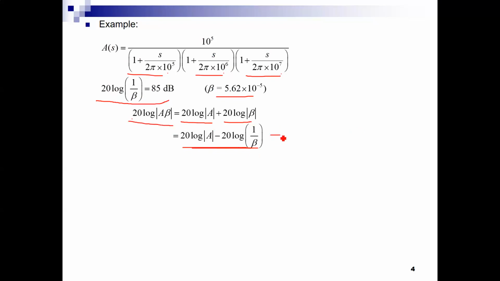Because I'm interested in the frequency of the intersection when this quantity is equal to 0 dB. And I want 20 log A beta equals 0 dB. And this happens really when 20 log A is equal to 20 log 1 over beta. Okay.